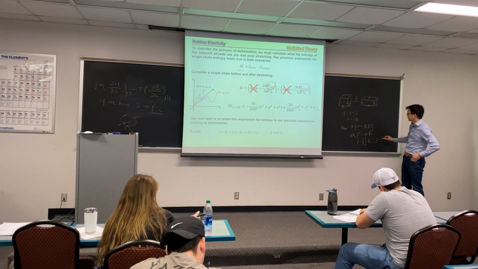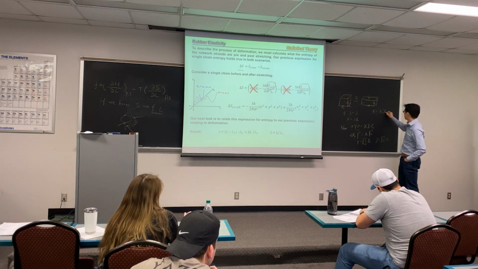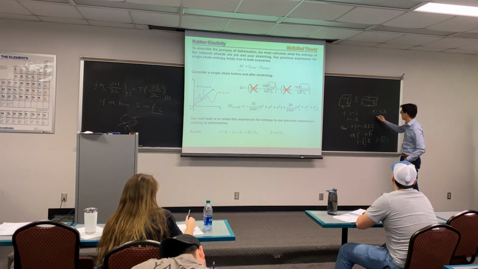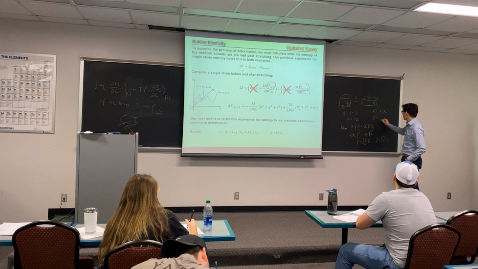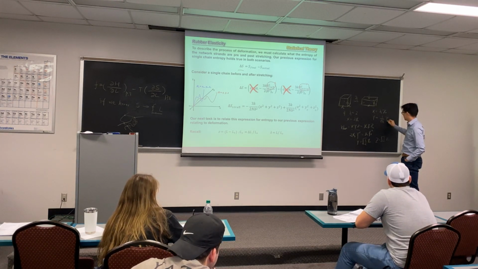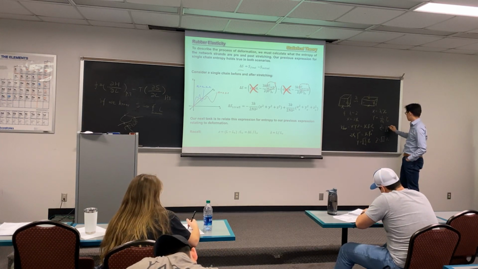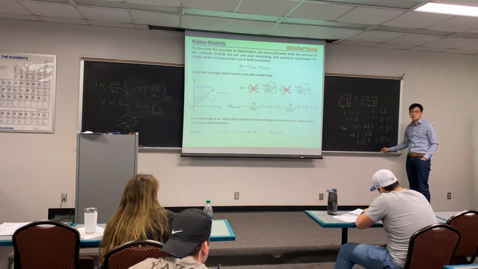Or more generally, x will always equal lambda x0, depending on the draw ratio. And y would be equal to 1 over root lambda times y0. Z would be 1 over root lambda times z0.